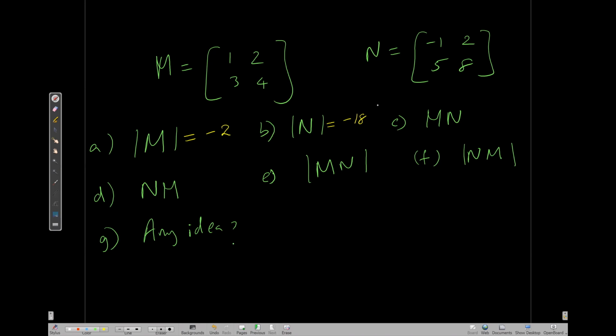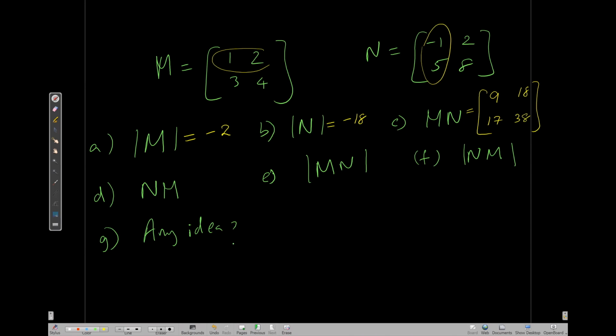So this row into this column, that's how we do it. 1 and negative 1 plus 10, so 9. Then 2 plus 16, 18. Then negative 3 plus 20, so 17. Then 6 plus 32, so 38.